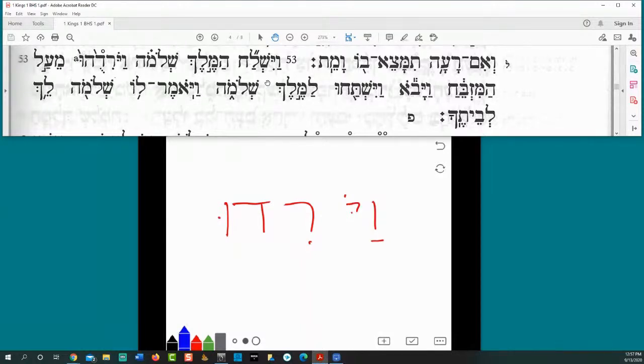But now they're adding who to the end, to show you what the object is, and this long U vowel is going to a short U vowel, which is very common when you add these suffixes. This has gotten very ugly, but that's what's going on here. So, Hiphil, vav consecutive imperfect, third plural from yarad with a third masculine singular object suffix, vayoriduhu.